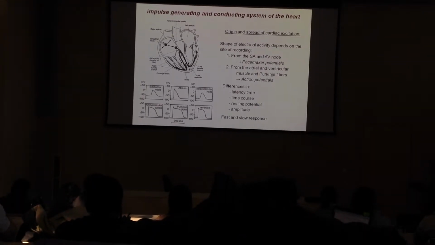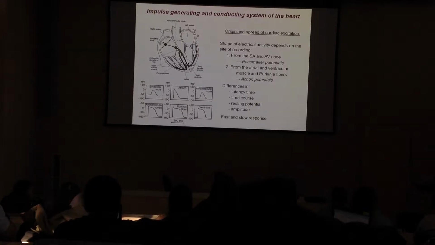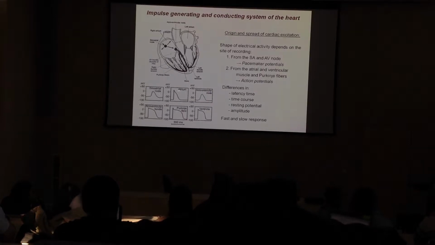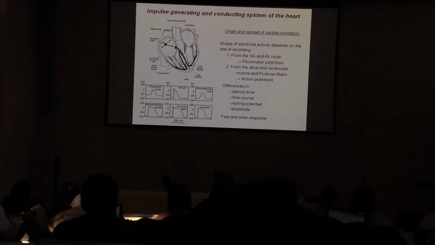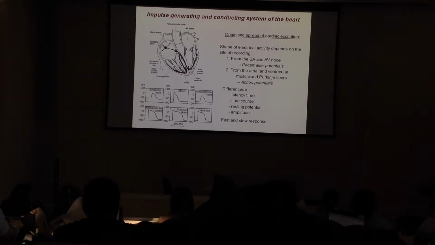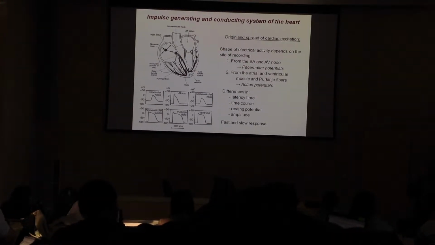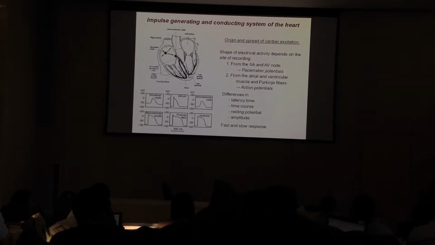The best way to study the electric properties of the heart is to record the action potentials in different parts of the system. The sinoatrial node, located in the wall of the right atrium, is the most important pacemaker center of the heart, the place of the impulse generation.